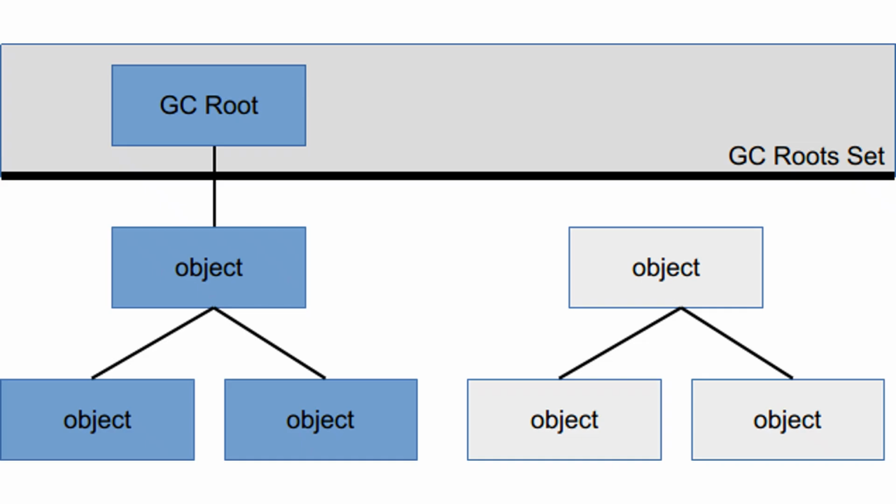Objects not connected to any GC root, shown in gray, are considered unreachable and can be safely collected by the garbage collector. This is the essence of the reachability analysis algorithm used in JVM GC.